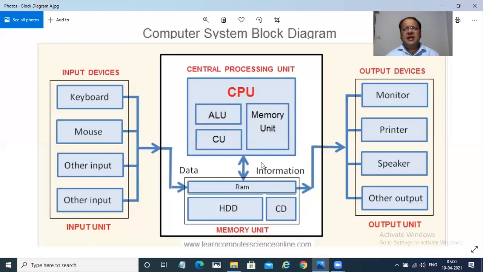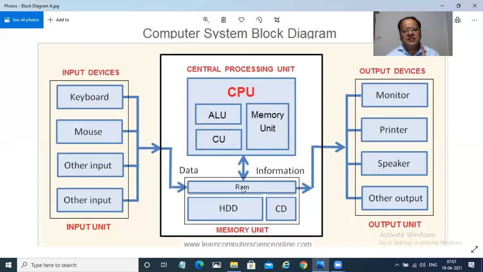So coming to the RAM, I said RAM is a part of the internal memory or the main memory. One and the same thing. The primary memory, the internal memory or the main memory, is classified as RAM and ROM.